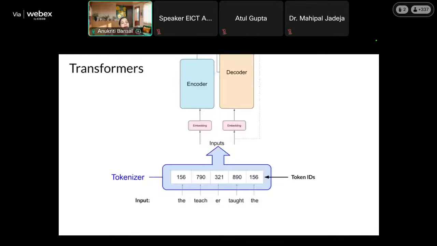And then I can have move, M-O-V-E-R, M-O-V-E-D, M-O-V-I-N-G. So if I divide them into subwords, I can control the size of my vocabulary. Otherwise, the size of the vocabulary will be huge.